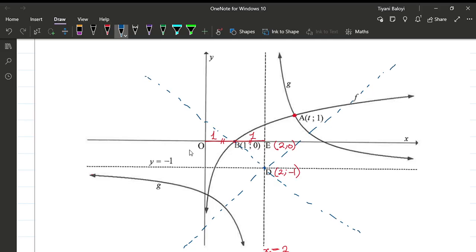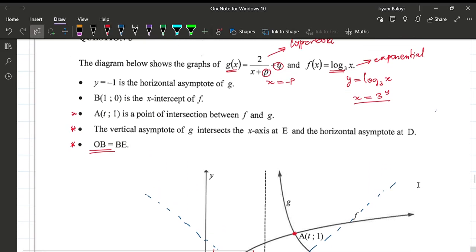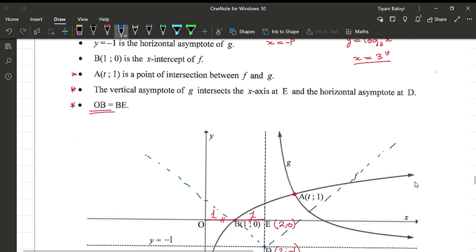So what are the equations of these two lines? If it's the increasing one with a positive gradient, it will look like y = x minus p plus q, right? You substitute minus p, which is x minus minus 2, and q is minus 1.